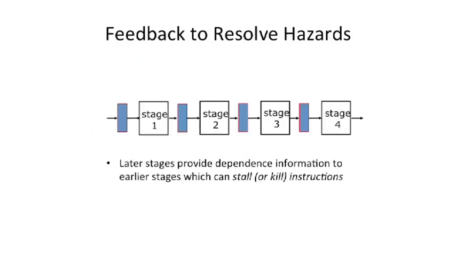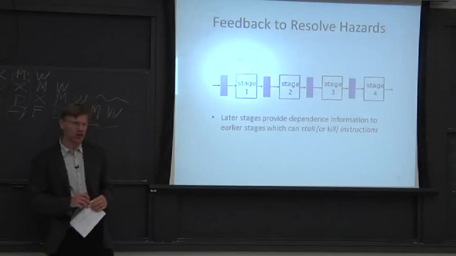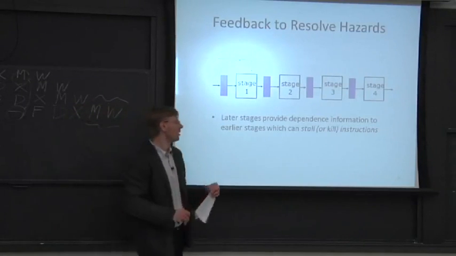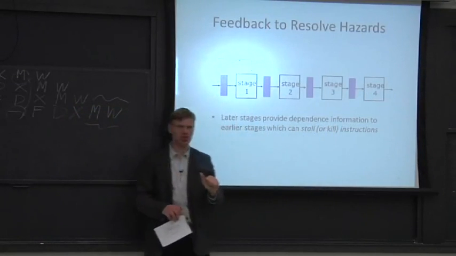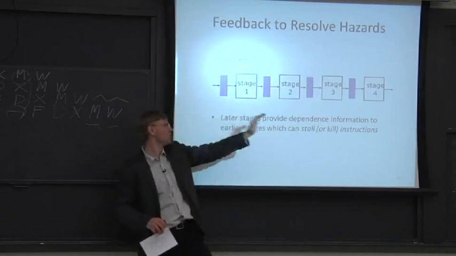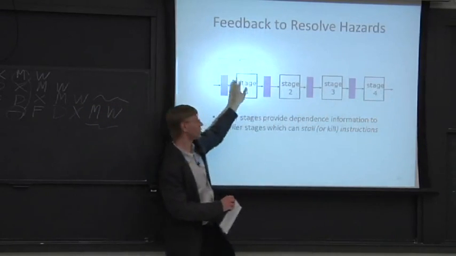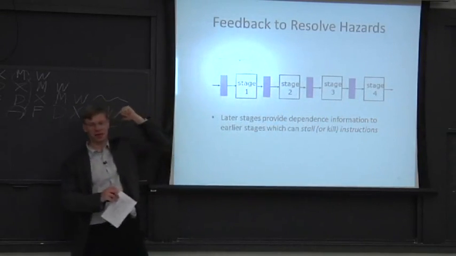Well, we want to somehow detect these data hazards, and then we want to feed this information back. Later stages provide dependence information to earlier stages. So this is a later stage, this is an earlier stage, and we're going to feed information back here.